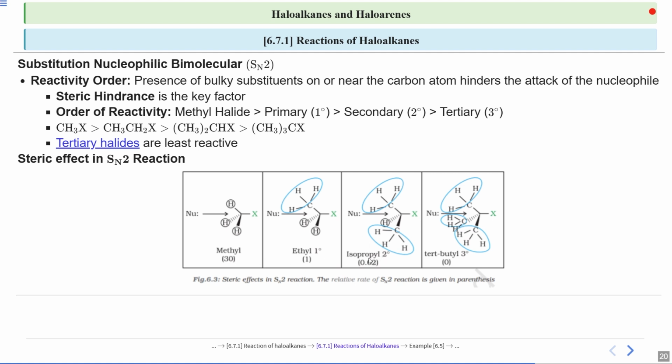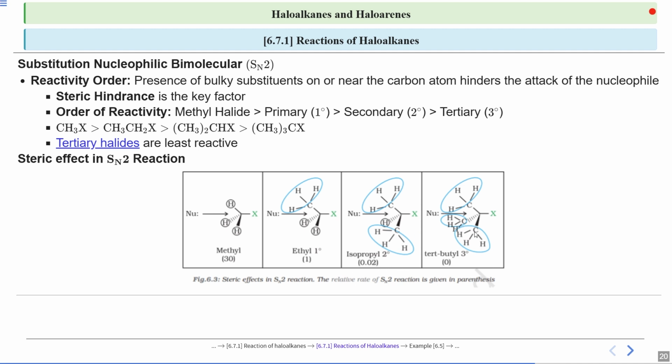Now, if you take isopropyl, you add more bulky groups to the carbon: 2 methyl groups along with 1 hydrogen. Due to the presence of 2 bulky substituents, the nucleophile attack will be affected more. So this is secondary isopropyl, and the relative rate decreases very much from 1 to 0.02.